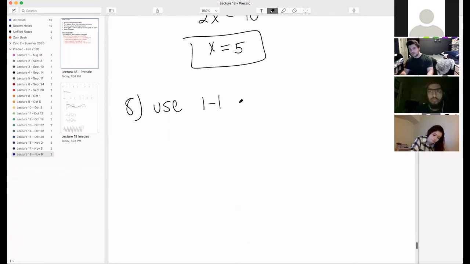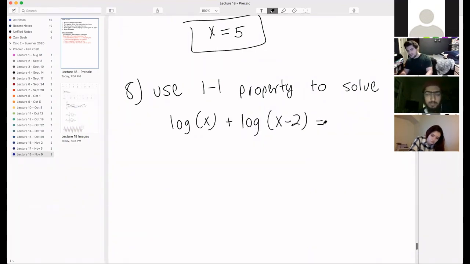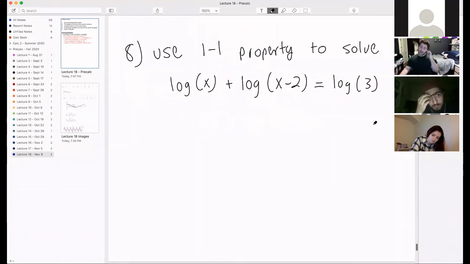Use the one-to-one property to solve log of x plus log of x minus 2 is equal to log of 3. Remember the one-to-one property: if log of x equals log of y, then x equals y.